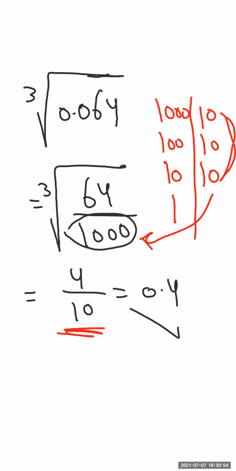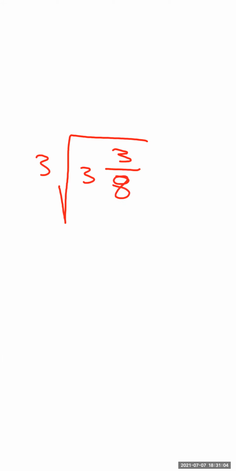Okay, one more question. If there is a cubic root of 3 and 3 over 8, now it's a mixed number. So what will be the first step? The first step, I'm going to convert it into an improper fraction.